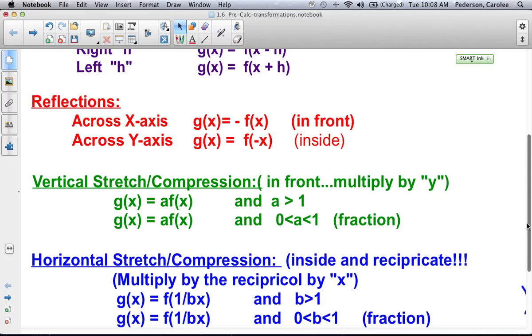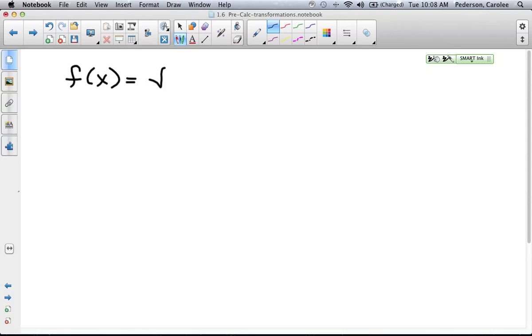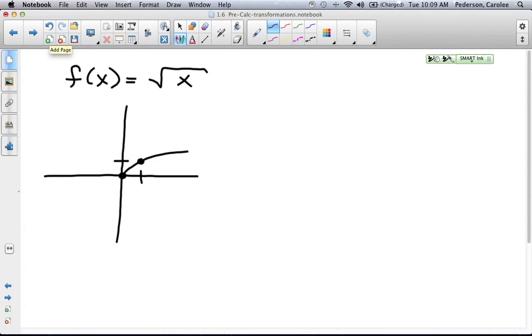Now let's just make up a problem. And we'll come back to it. So now let's focus on the parent function for a square root. It starts at (0, 0), and then (1, 1), and it kind of goes across like that.